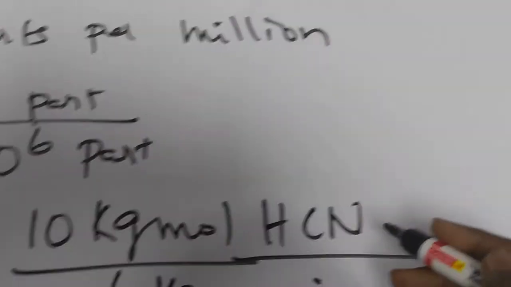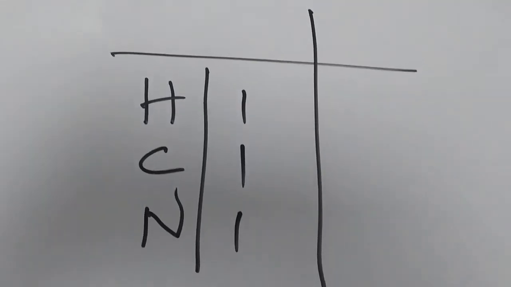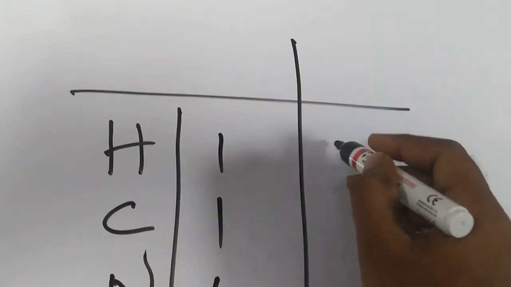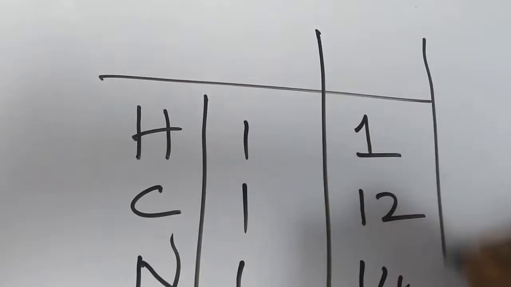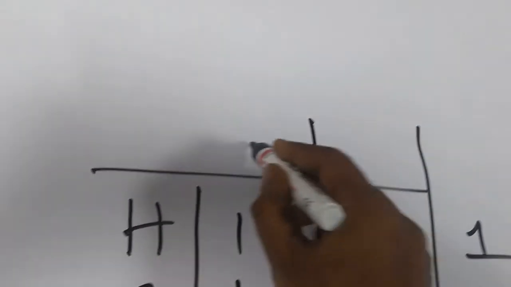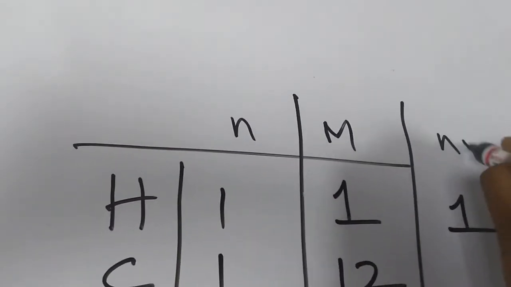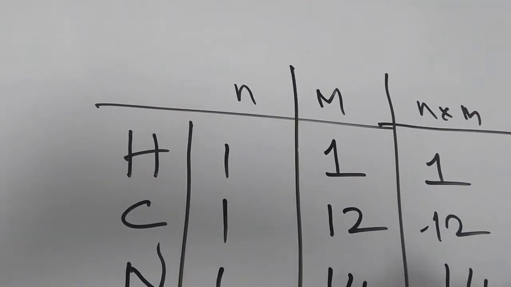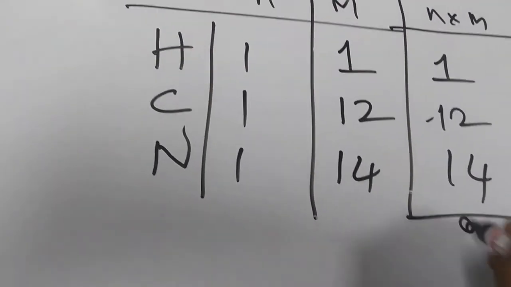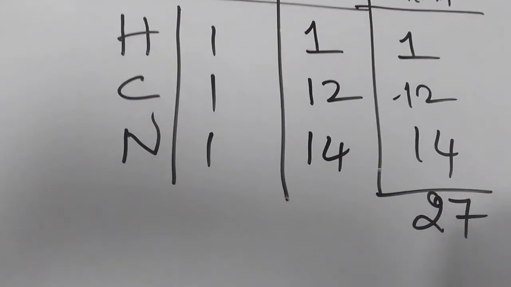How to determine the molecular weight of HCN? HCN: 1, 1, 1 is the number of times each appears. Hydrogen 1, carbon 12, nitrogen 14. So 1 into 1 is 1, 12, 14. So total it is 27 kg per kilomole.